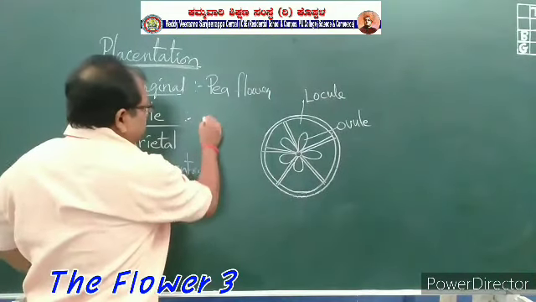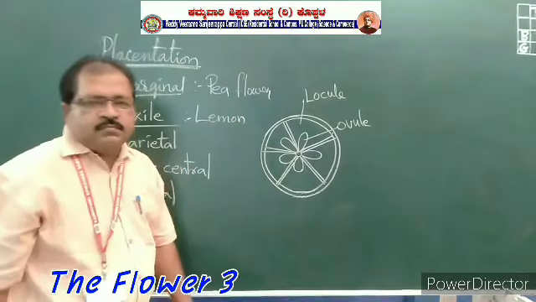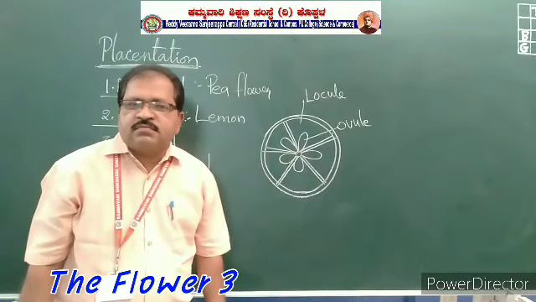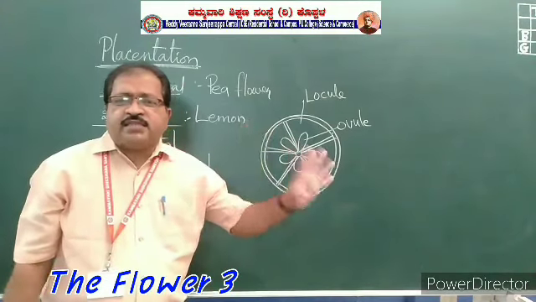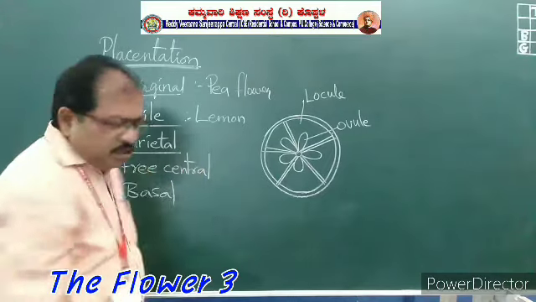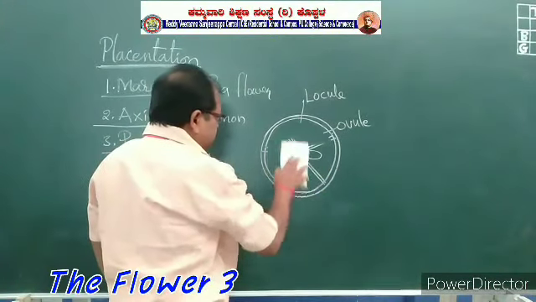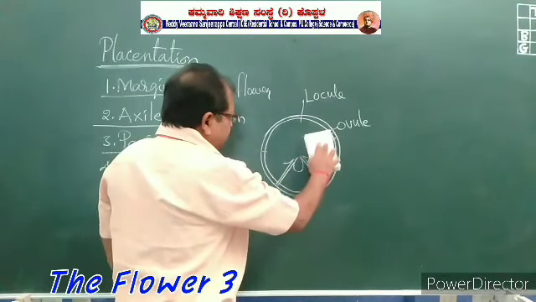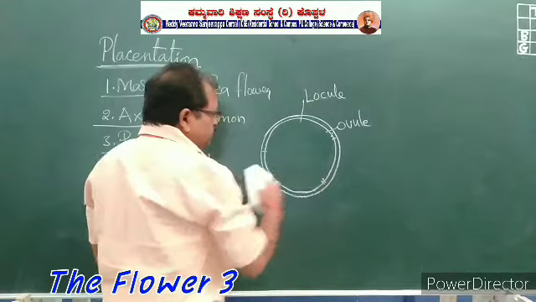Examples are lemon, hibiscus and petunia. These are all examples of axile placentation. Next is parietal placentation. In parietal placentation, the ovary is not divided into locules. It is a single locule.